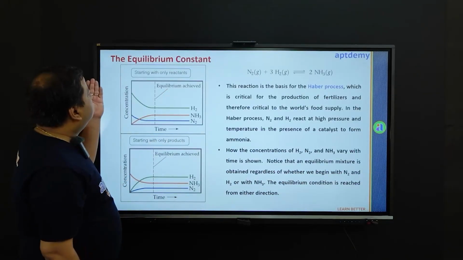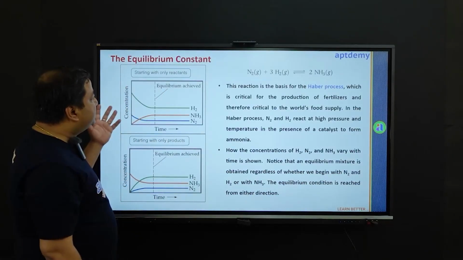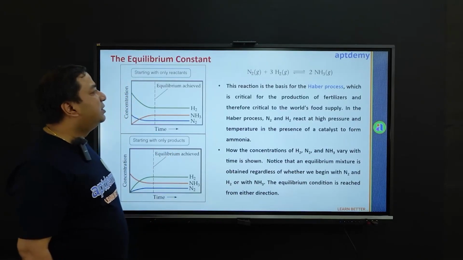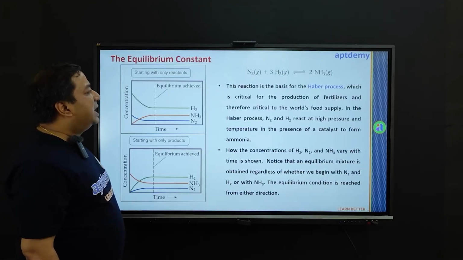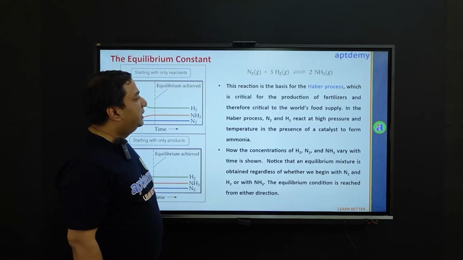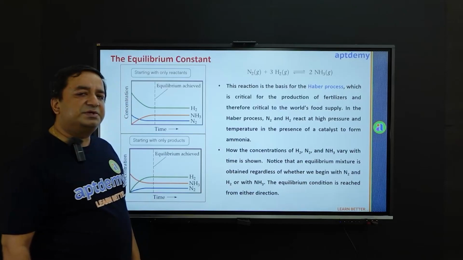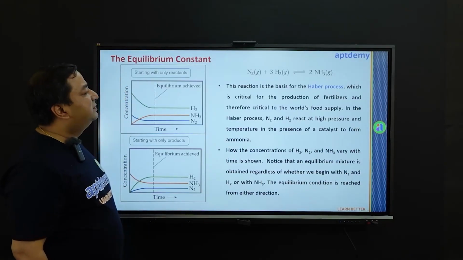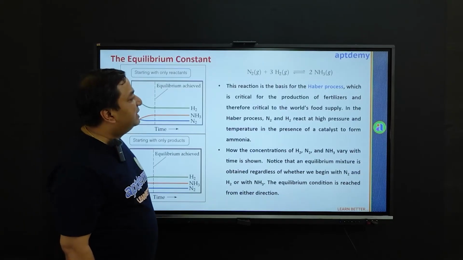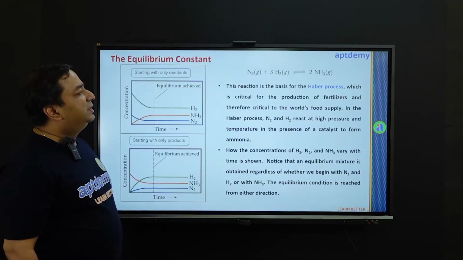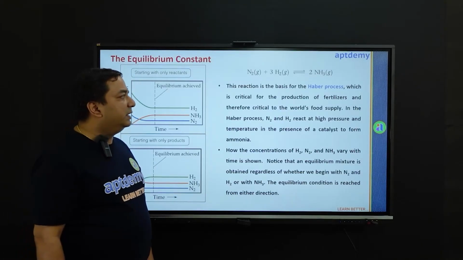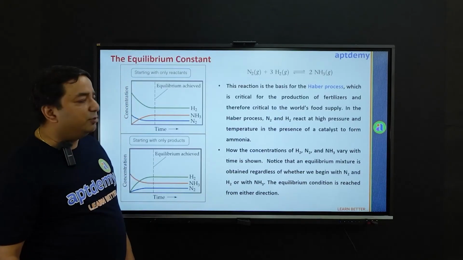So now the equilibrium constants, and we are going to discuss over here a very important equation, that is the combination of nitrogen gas with hydrogen leading to the formation of ammonia. Now here you can see from the reaction itself, 1 mole of N2 gas combines with 3 moles of H2, and it forms 2 moles of ammonia.